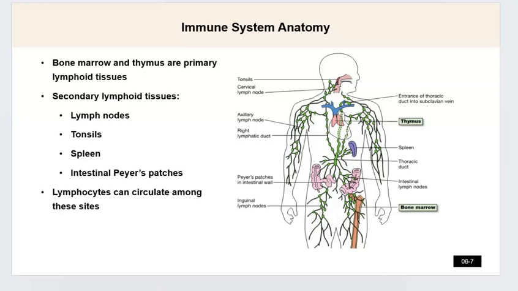The primary lymphoid organs and tissues are the site of immune cell development, and those include the thymus, where the T cells develop, and the bone marrow, where B cells develop. So another difference between B cells and T cells is that B cells come from the bone marrow, which is why they're the B cells, and the T cells come from the thymus, which is why they're the T cells.